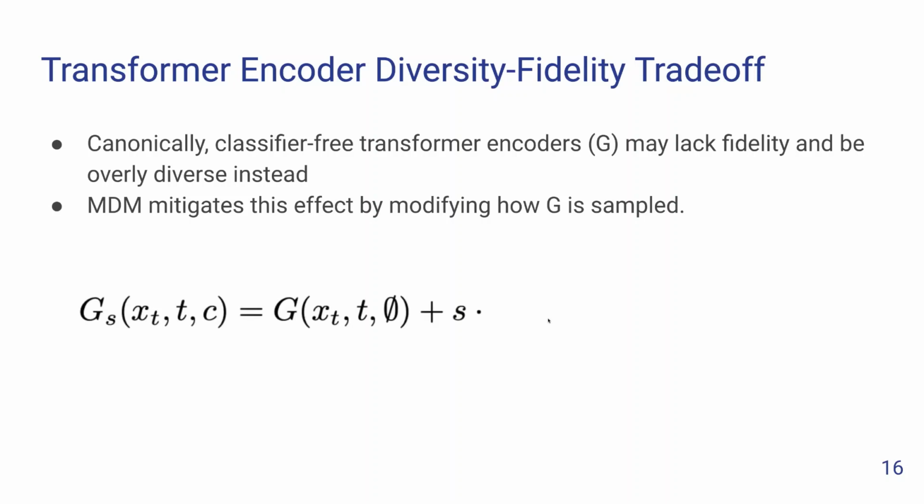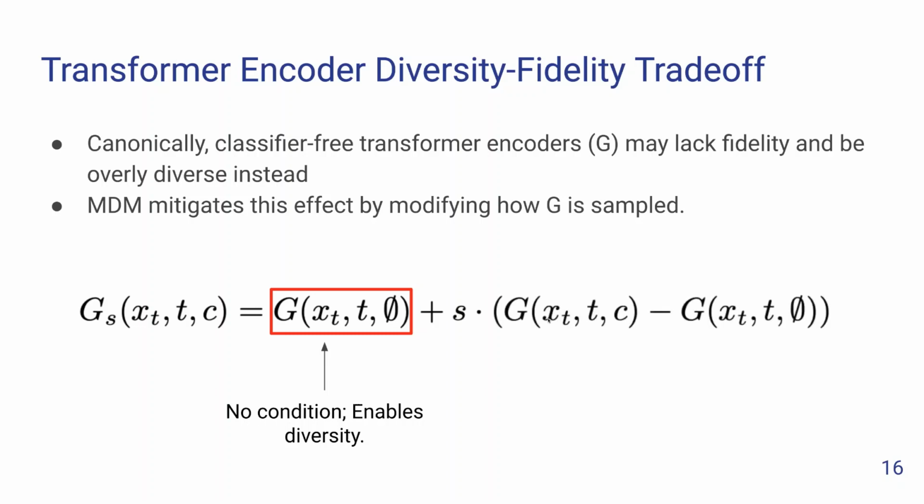So this is G sub S, where S is the sample. And this is what we're going to use to sample each of our results from the transformer encoder. So as you can see here, there's no condition, and this enables a lot of diversity because we can technically generate anything without very much constraint.